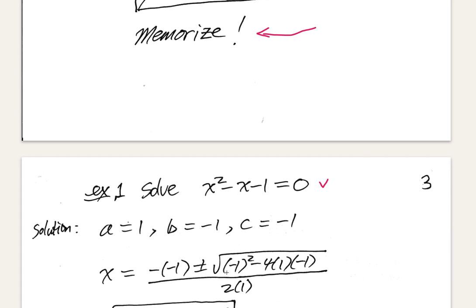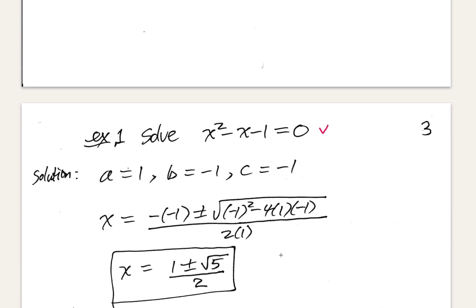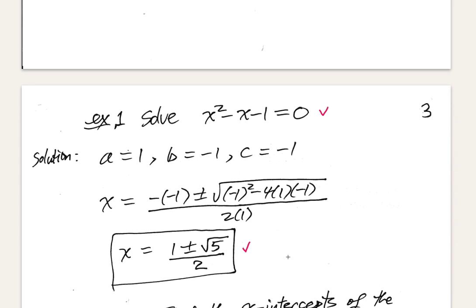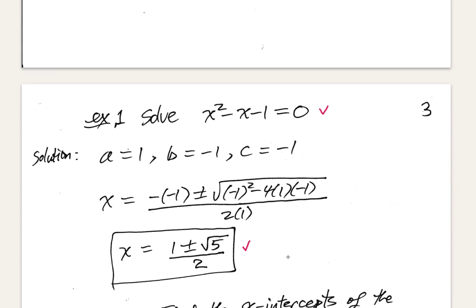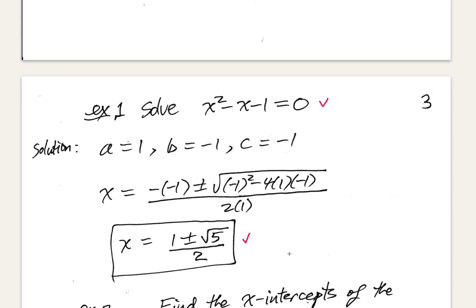Notice the necessity for the parentheses on the square. Minus 4ac all over 2a, okay? Now you just work out the arithmetic. That's actually 1 plus or minus the square root of 5 over 2. You can get your calculator and get a couple approximations there to as many decimal places as you wish. Okay, so there's the solutions.